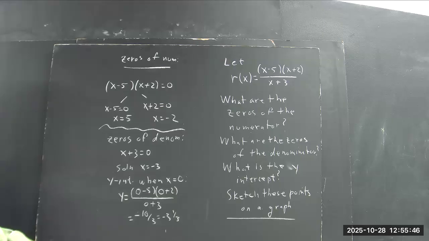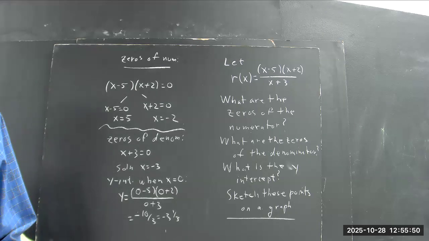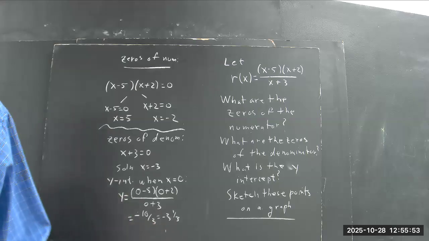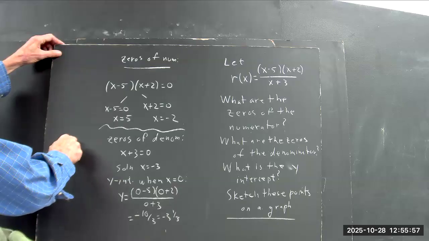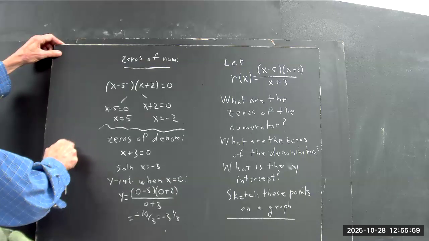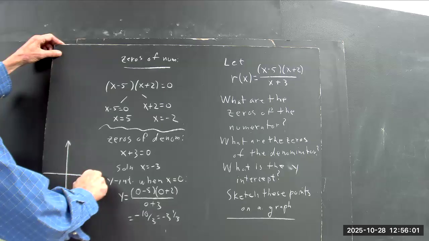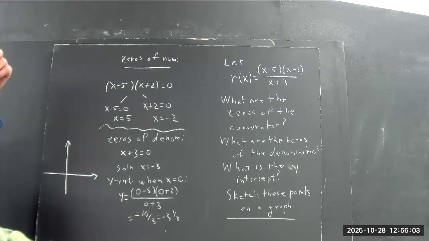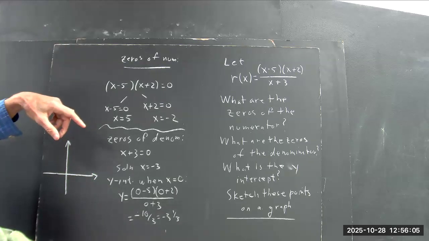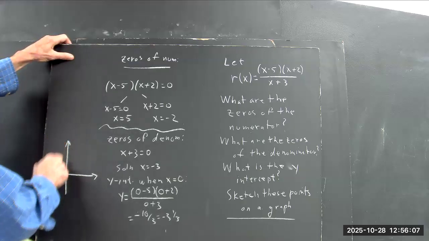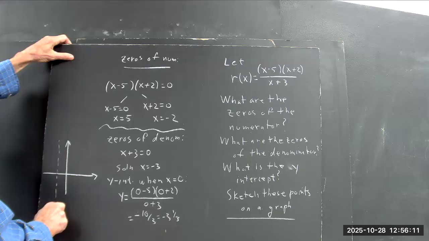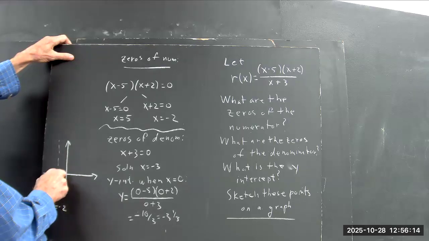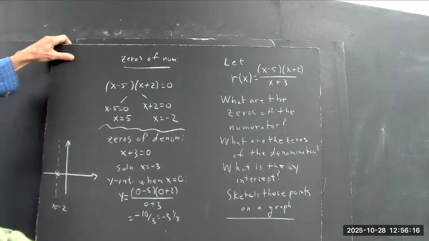Now, we put these in a graph. Now, I didn't tell you to sketch the graph because there's something you don't know, unless you've learned something about rational functions. And I don't think we said much about it in this class. I have to draw the line x equals -2, put a point on the x-axis.